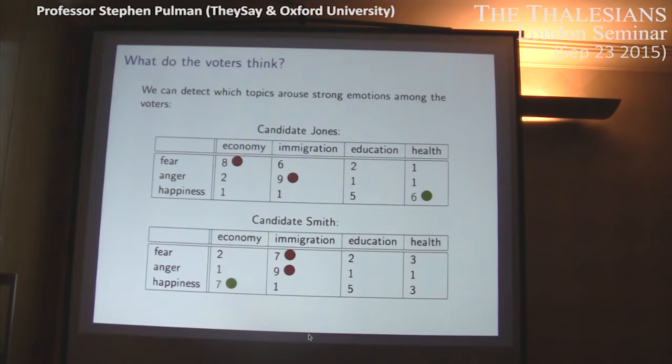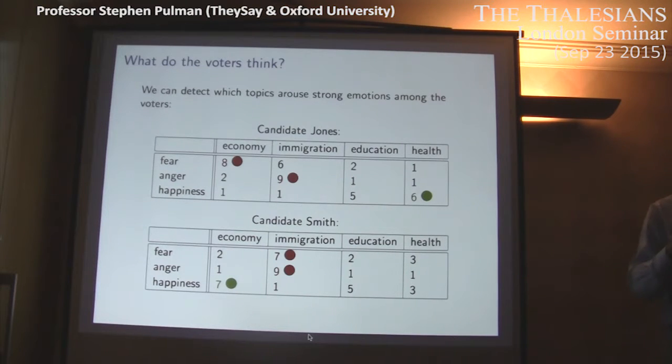We've been using it in politics again. One of the nice things you can do in natural language processing, it's quite easy to mix technologies, and as well as detecting emotions, we can do things like topic classification. What is this text about? And it turns out that these are obviously fictional candidates, but we really did this for the general election.